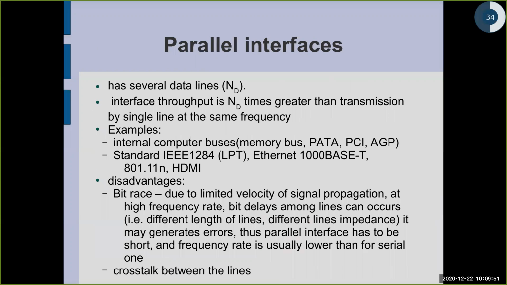In a simple application, we can imagine that we have 8 wires and every bit is sent using a separate line. So in a single clock cycle, we can send 1 byte if we have 8 data lines. So what are the examples of parallel interfaces?